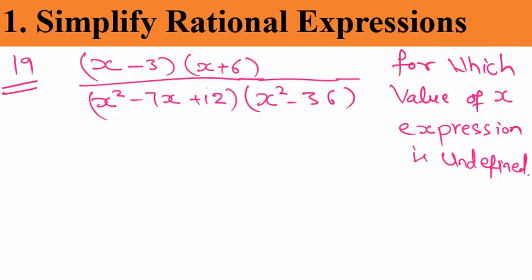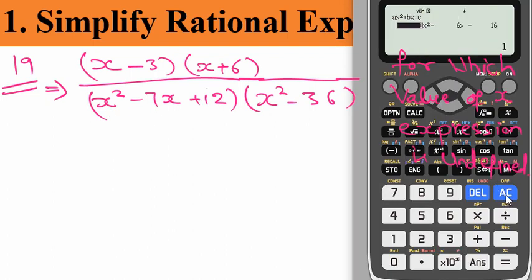Okay, so in this question number 19, you have to find for which values of x this expression is undefined. So how will you do it? Again, first of all, you will factor it, and to do that, you will use the calculator. So let's move on to our good calculator. So here we need to factor this one using the calculator.